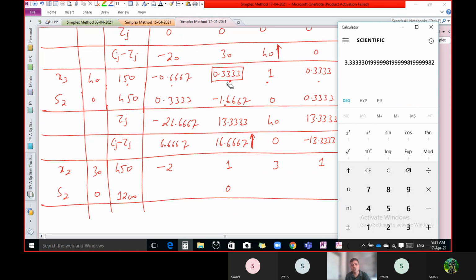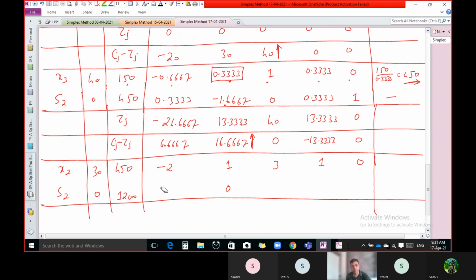So that is positive. So 0.33333 minus this. So we get ultimately 0.33333 minus 3.33333, we get minus 3. So we have to write here minus 3.